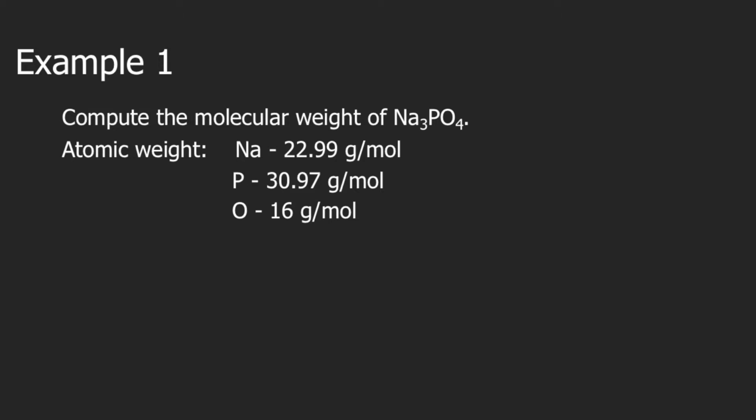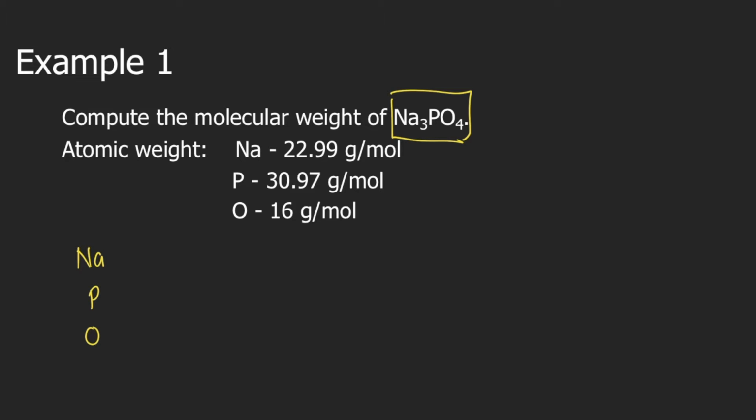Compute the molecular weight of sodium phosphate or Na3PO4. The very first step you need to do is to list all the elements present in the compound. So we have sodium, we have phosphorus, and oxygen.